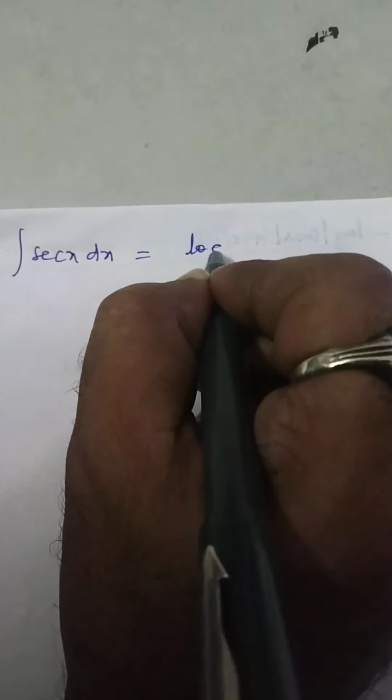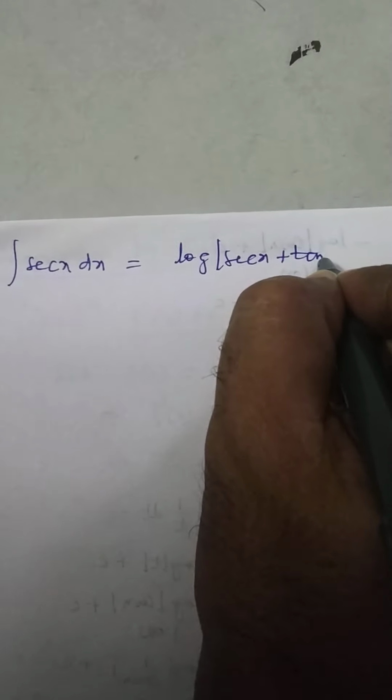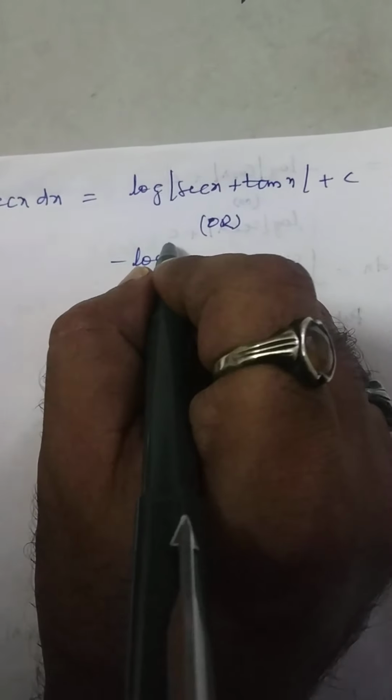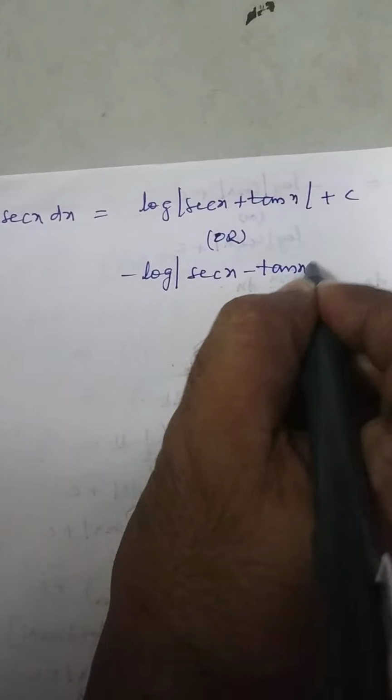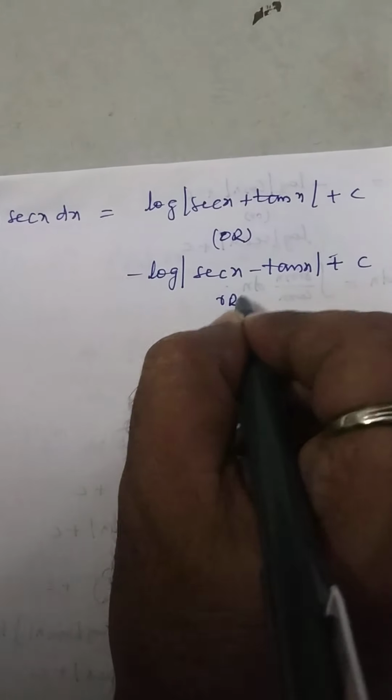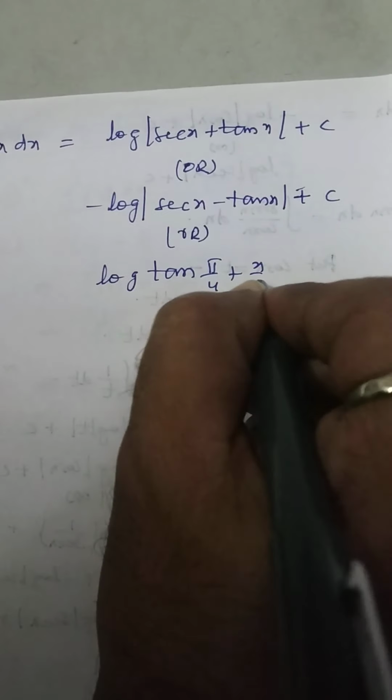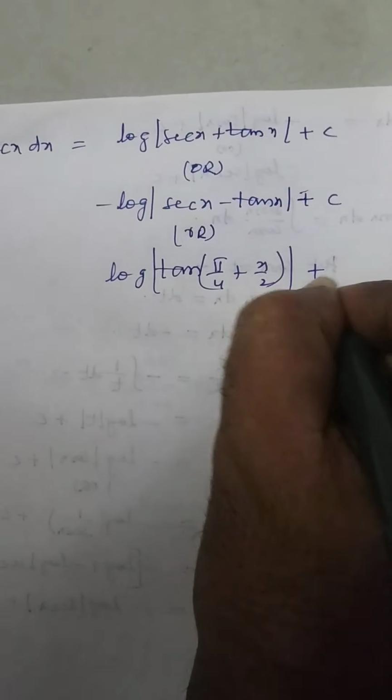Third one: integration of secant x dx, which is equal to log of secant x plus tan x plus c, or even you can get minus log of secant x minus tan x plus c, or the third form for this one is also equal to log of tan of pi by 4 plus x by 2 plus c.